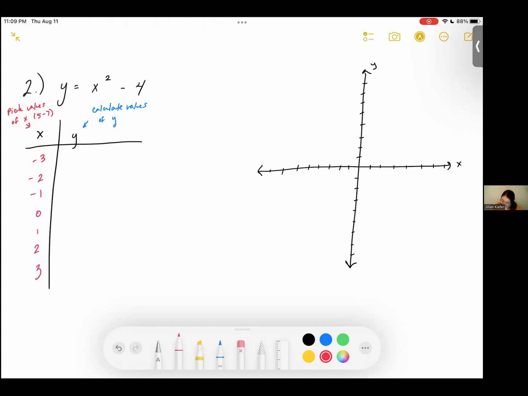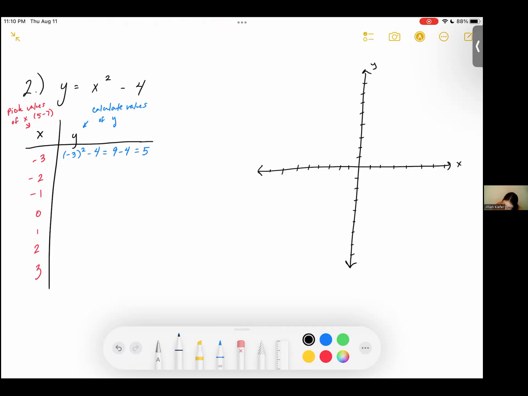For calculating y, all we need to do is plug the x value we picked into our equation. For example, to find the y value that corresponds to x being equal to -3, we plug -3 in for x. So when we calculate y, it'll look like (-3) squared minus 4. Now, (-3) squared is going to be 9. So 9 minus 4 is going to be 5.